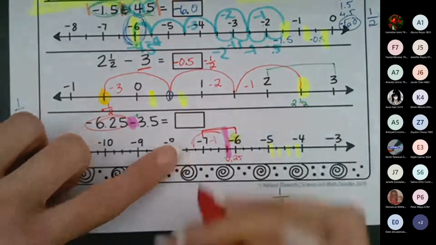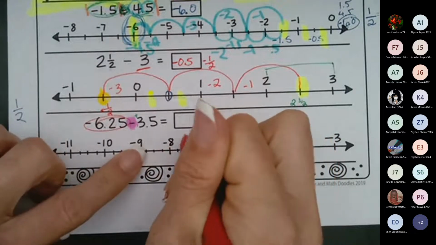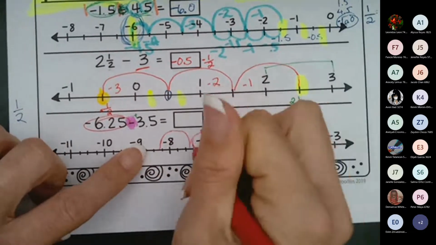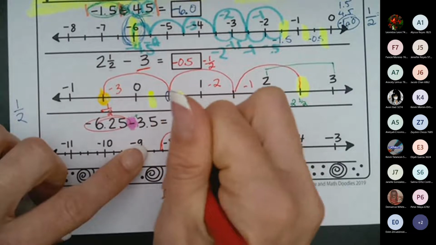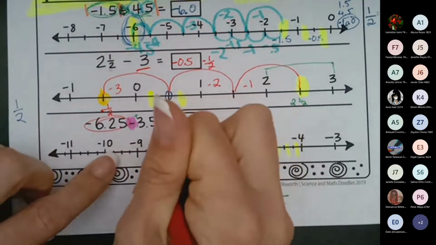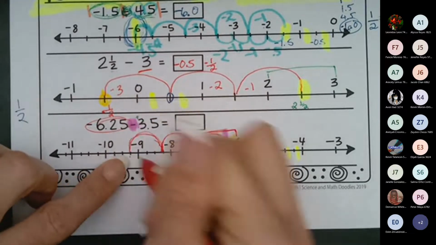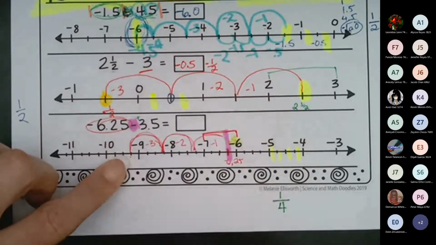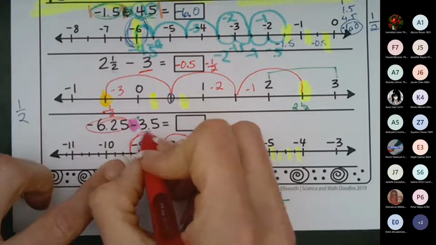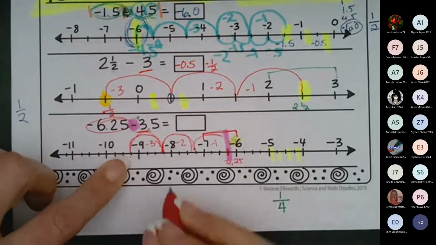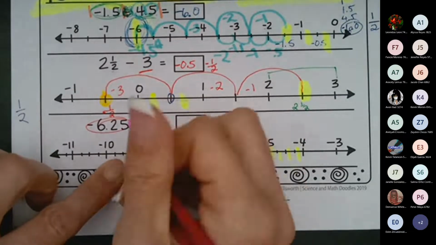Here's -1. Here's -2. Okay, -3. I need to make sure that I land here at that 0.25 value. So I'm at -3. Now I need to do the 0.5.